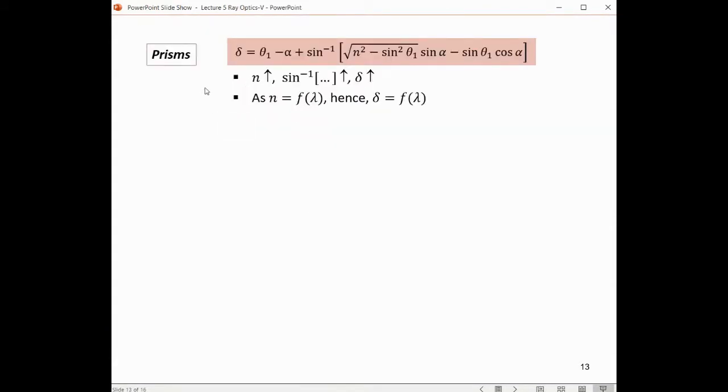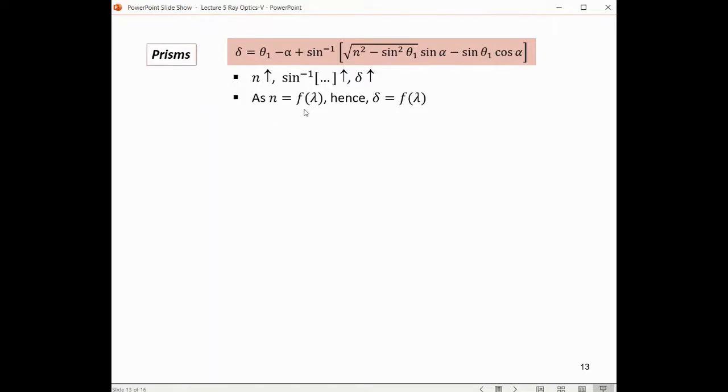So from that expression, you can see here that if N were to increase, then this value in this bracket would increase. In other words, the arc sine of this increased value would increase, and hence delta, the deviated angle, will increase.